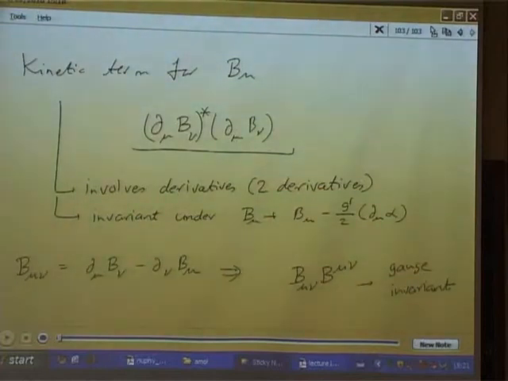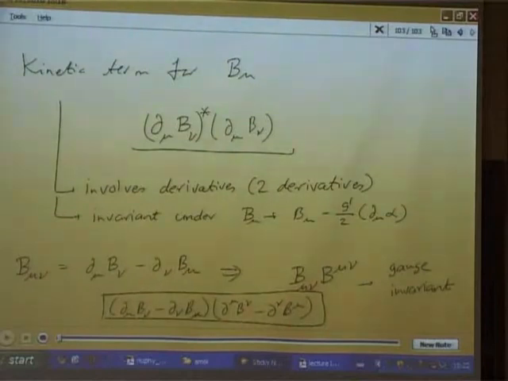Okay. And because there are many cancellations, so this is going to be like del mu B nu minus del nu B mu. If you apply transformations on B, it will turn out that all these extra terms actually will come with different signs and will cancel.